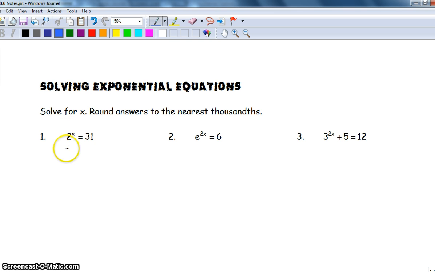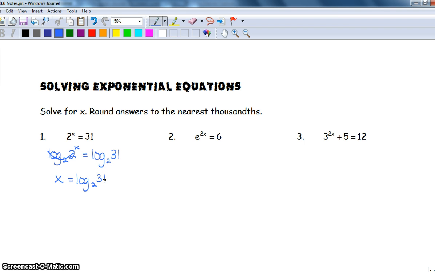The only way to get rid of that 2 and to get x by itself is if I was taking log base 2. So if I took log base 2 of 2 to the x power, that would cancel and I'd be left with just x on the left. But we know anything we do to one side, we have to do to the other side. So on the other side, I'm also going to take log base 2 of 31. So x is equal to log base 2 of 31.